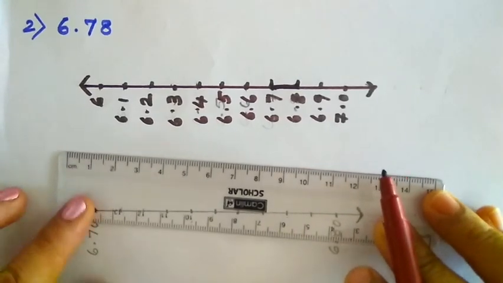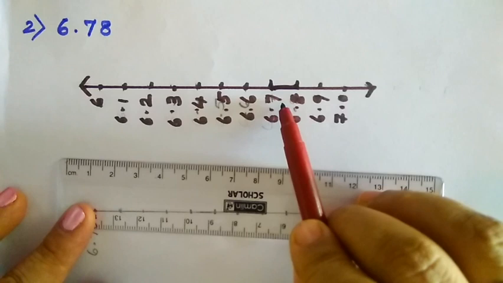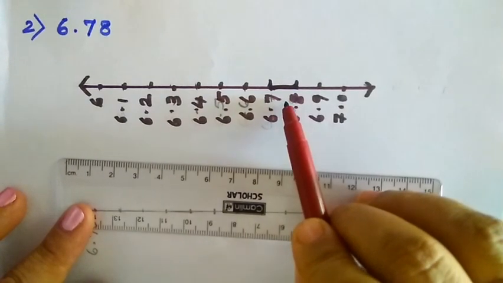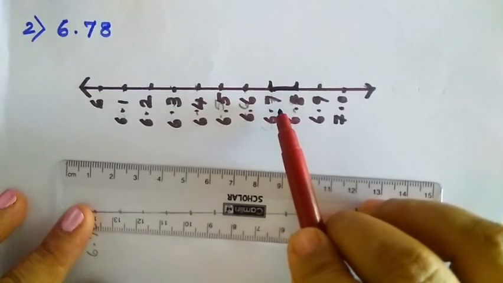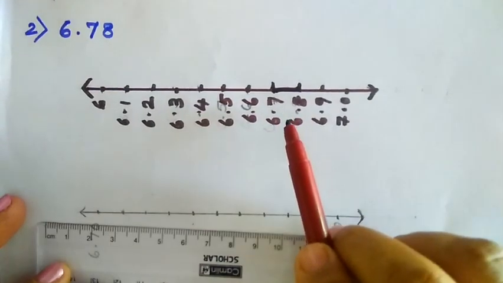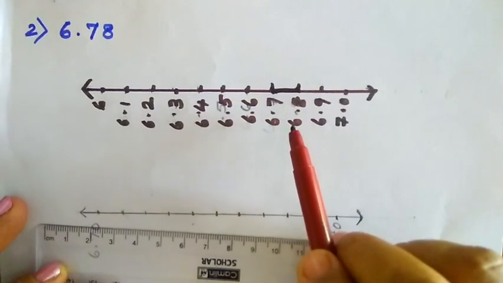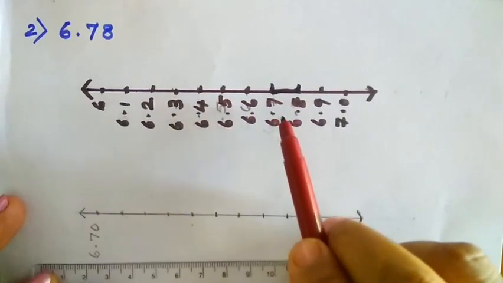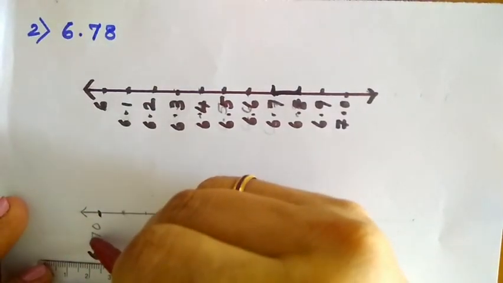Now from this we are starting the next line. That means here we are assuming that we are keeping a magnifying lens here and making it larger than its actual size for locating the 2 decimal expansion of 6.78. So here 6.7 I will write here.